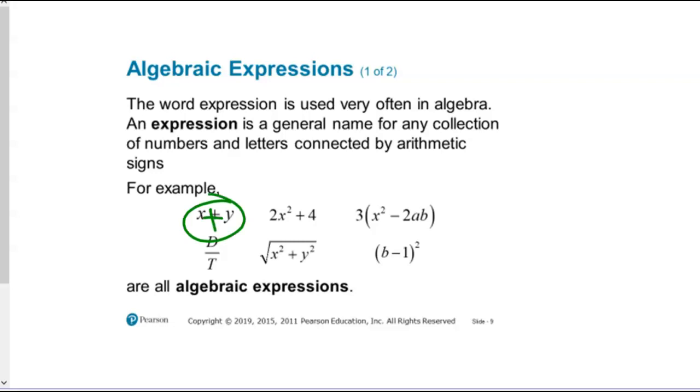In the expression x plus y, we have 2 times x squared. So there's really a times mark in there. Plus 4. That's an expression as well. And when we have these expressions, the number on the front, we'll refer to that as a coefficient. And so it's a coefficient of the expression 3 times x squared minus 2ab.